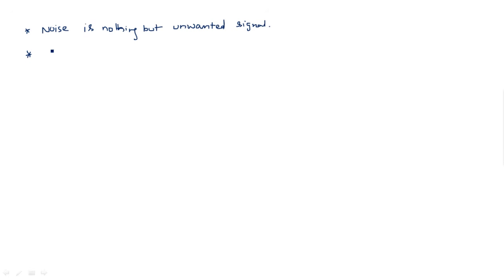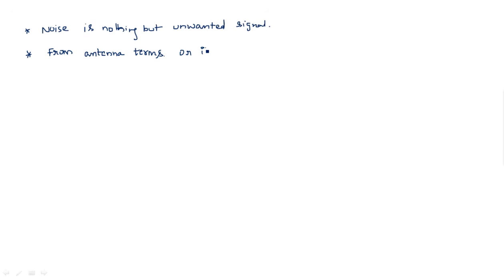Now let us see, this noise can be added from the antenna terminals, that is, from the external environment. When we are receiving the signal from any object, the received echo signal may contain noise, and that enters the receiver. That is from the antenna terminals.